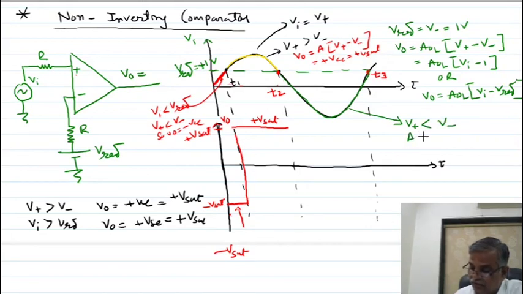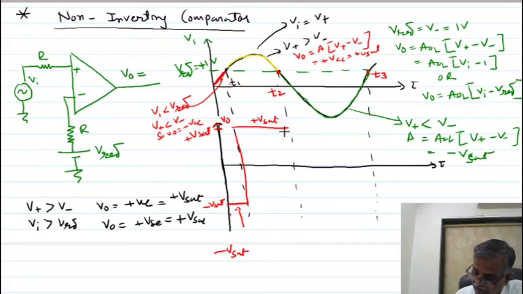So according to this equation, my output is negative. So I will get my output like this.